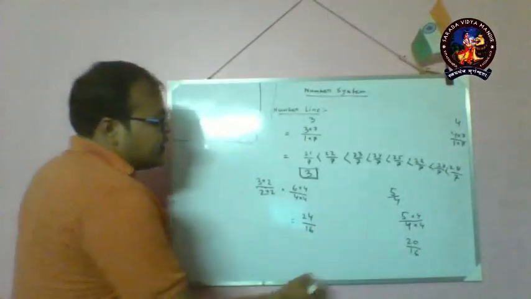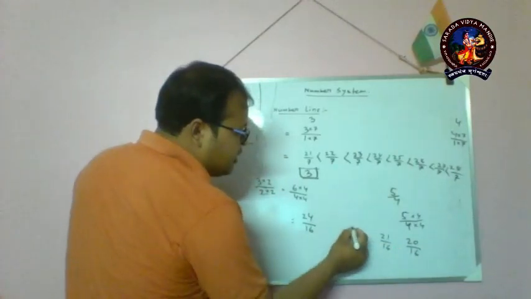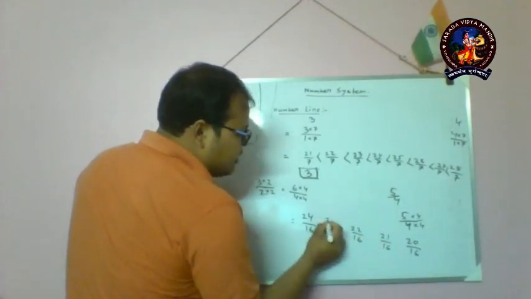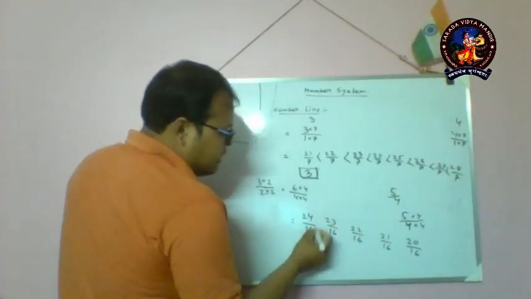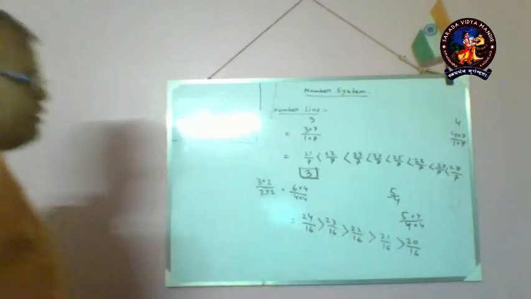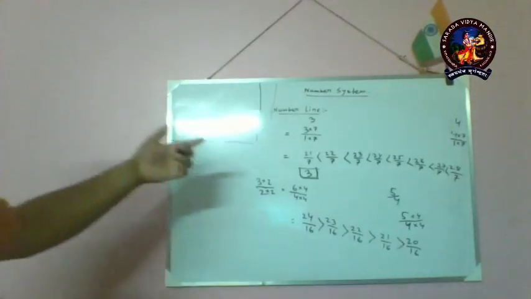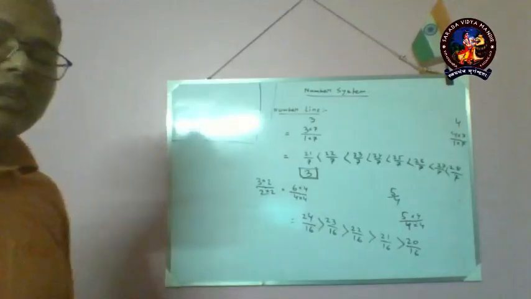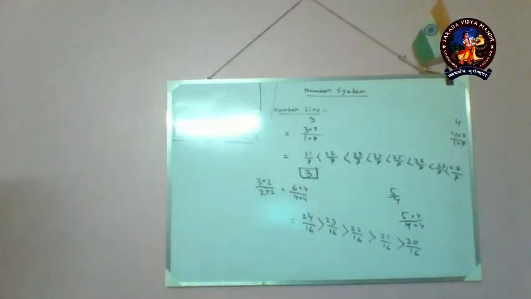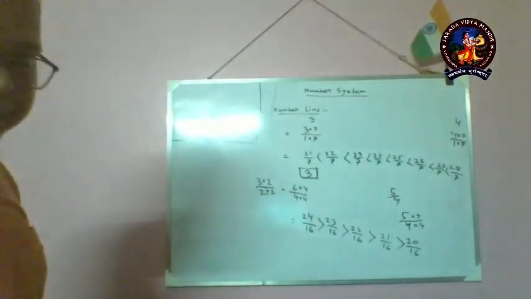So 21 by 16 can be written here between them, 22 by 16, 23 by 16. Now this will follow the greater than sign. So these are the 3 rational numbers that can be inserted between these two given rational numbers. Obviously fractions are also rational numbers, so both are the same. Next question.